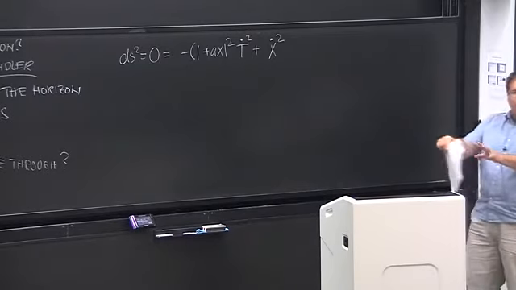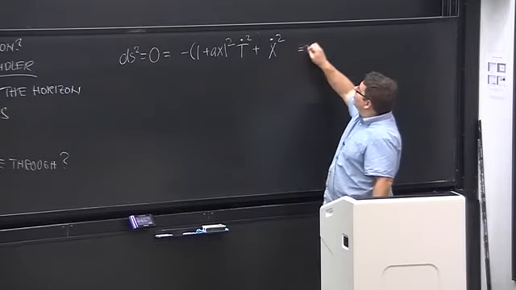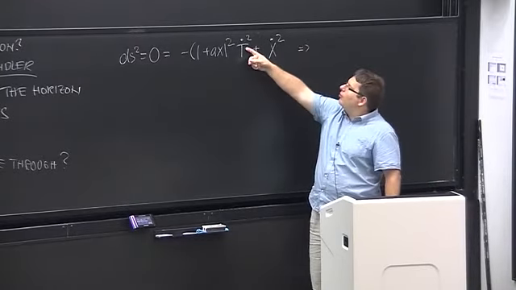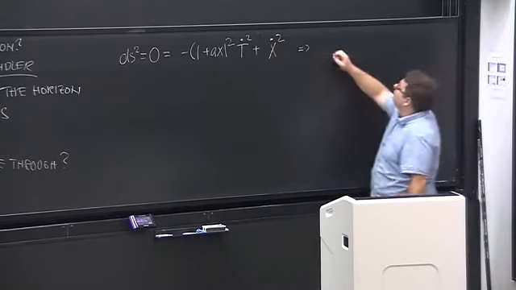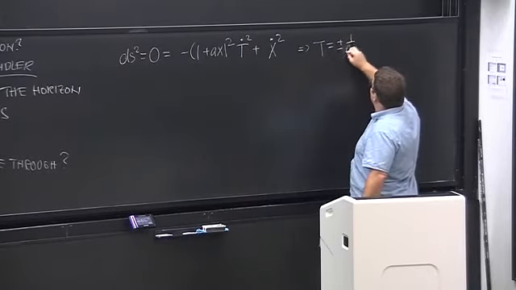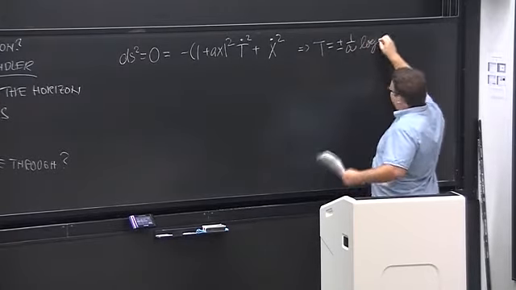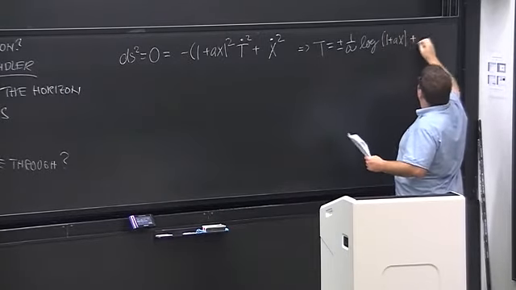It's the g mu nu x dot nu. And now you see that I can solve t with respect to x. If you integrate, what you find is that t is equal to plus minus 1 over a logarithm of 1 plus ax plus a constant.